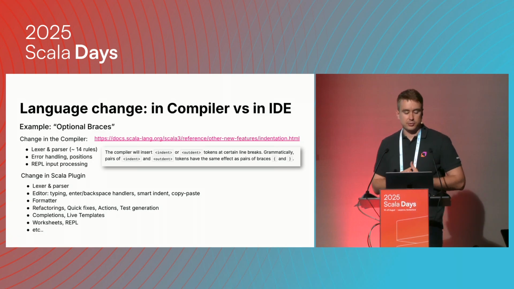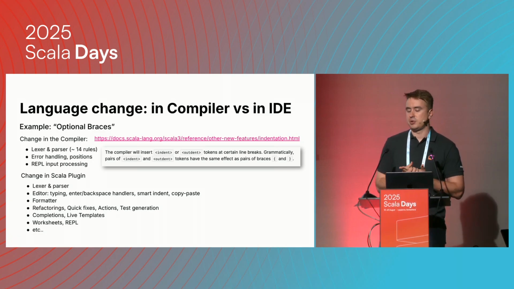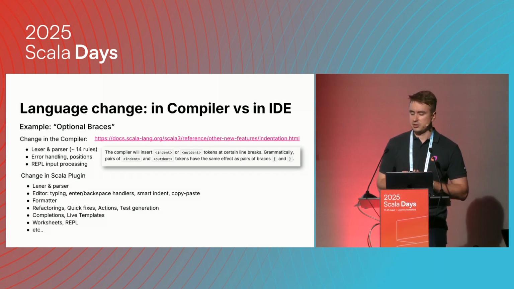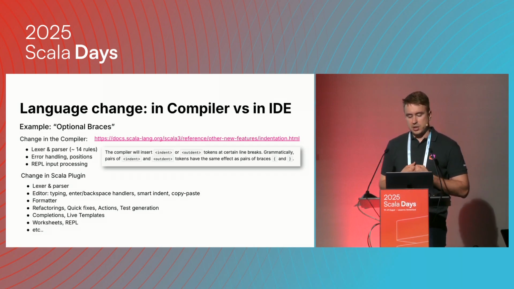You can do a lot of code refactoring. So basically, our team had to patch tons of places which relied on the axiom that there are braces. We patched the formatter, refactoring, quick fixes, completions, live templates, and it took us quite a long time to do that, several months.